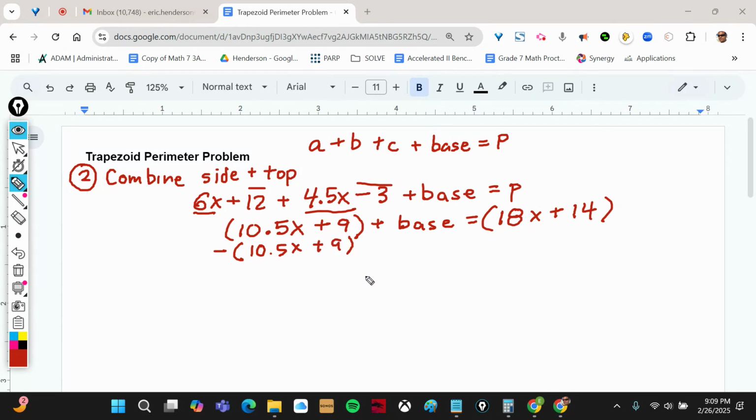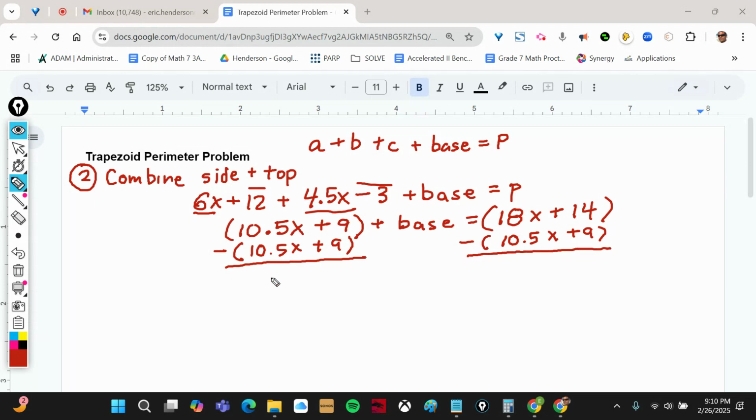And if I subtract, because we just want to know what the base is, so we got to get rid of all of this. All right. So if we subtract it on the left, then we're going to subtract it on the right. 10.5x plus 9. Okay, and then we would do like this.